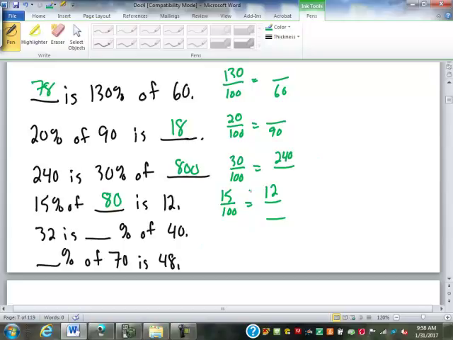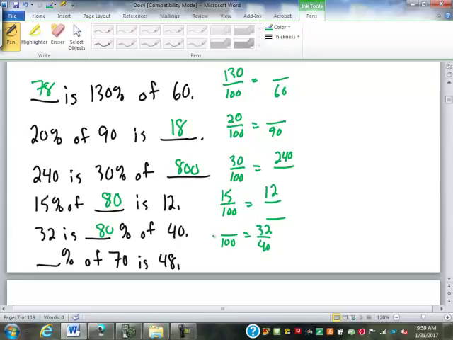32 is what percent of 40? 80%, very good. So it's blank percent, so blank out of 100. 32 over 40. Missed this earlier. Nice catch. Way to lay it out. So last one: blank percent of 70 is 48.